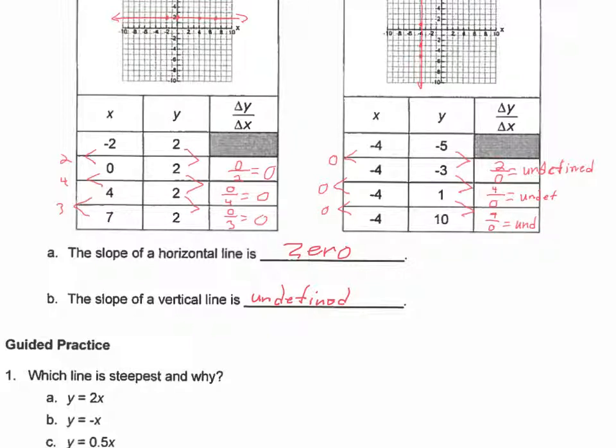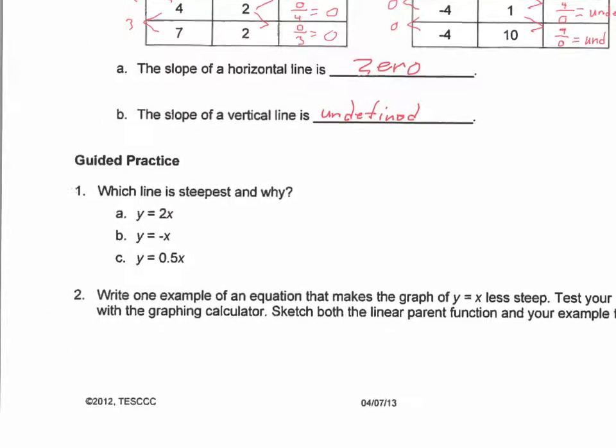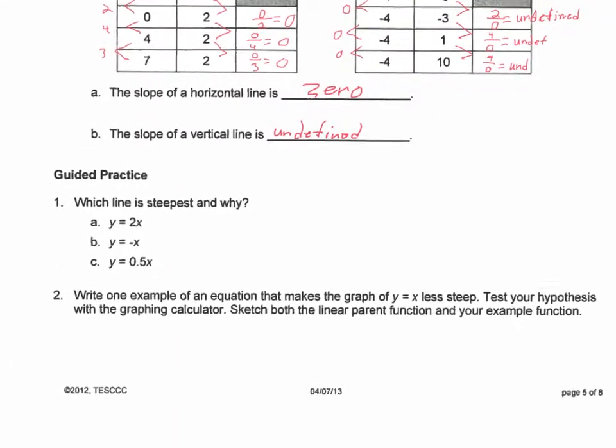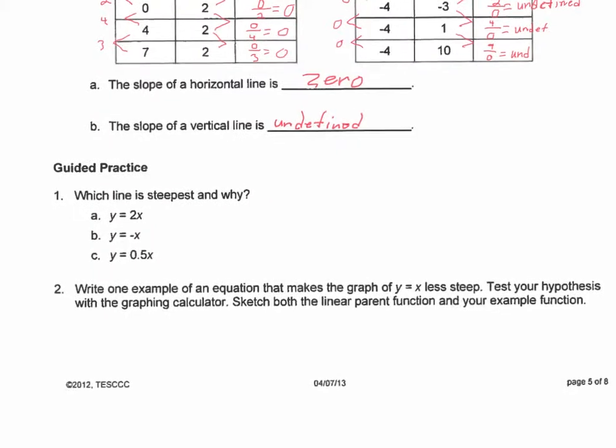That word defined, in your English classes you define words, you give words a definition, a meaning. Since we are undefined, there is no definition to this slope. It doesn't exist. So it's undefined. All right, let's look at these two little guided practice problems real quick, and then I'll let you get started on the practice problems on the next 3 pages, which, by the way, is your assignment.